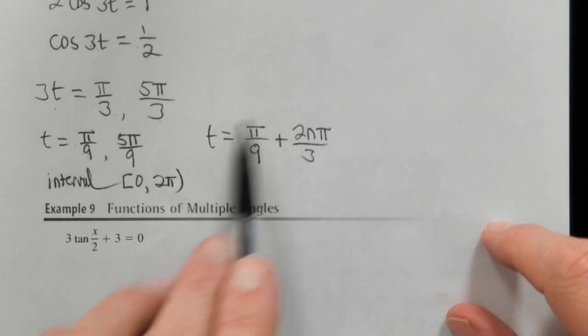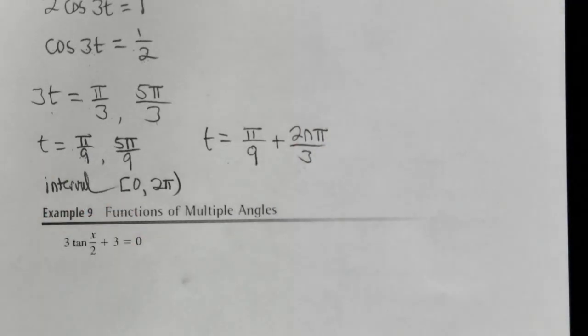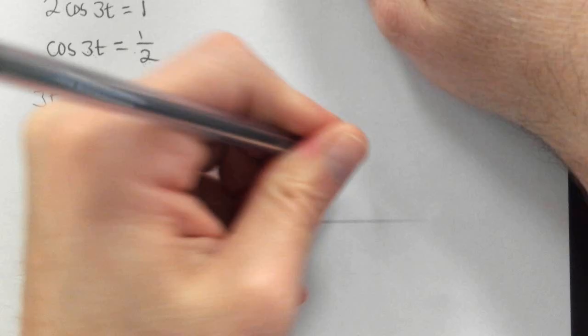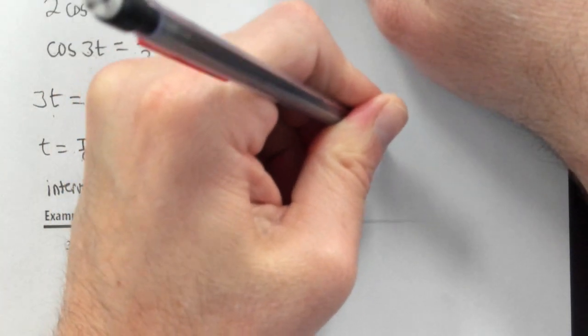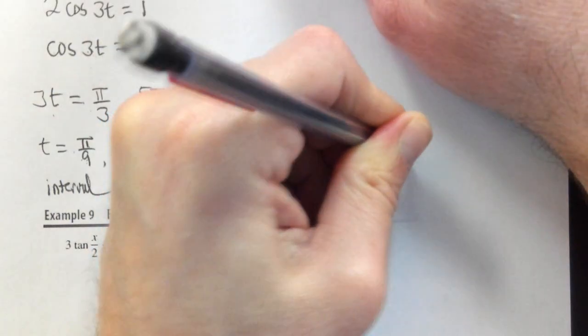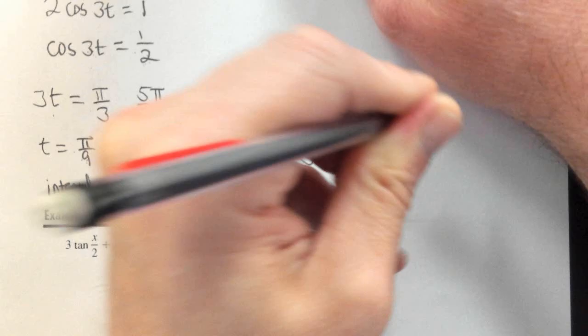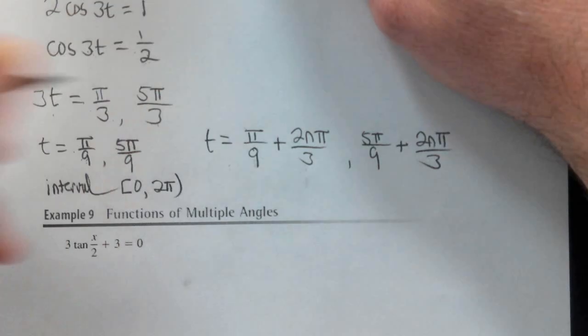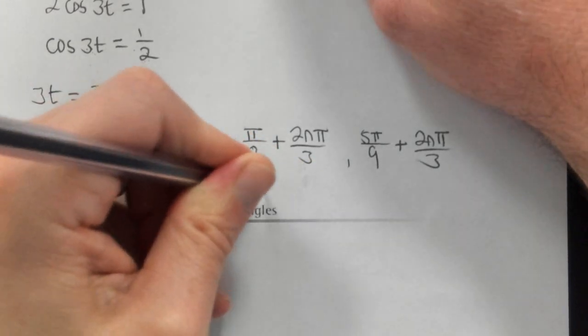To make it still land in the right place after it's multiplying by 3. That's the adjustment that needs to be made to keep it on track. Likewise, we'll do it for the other solution, which is going to be 5 pi over 9 plus 2n pi over 3, and then that's going to be your general solution.